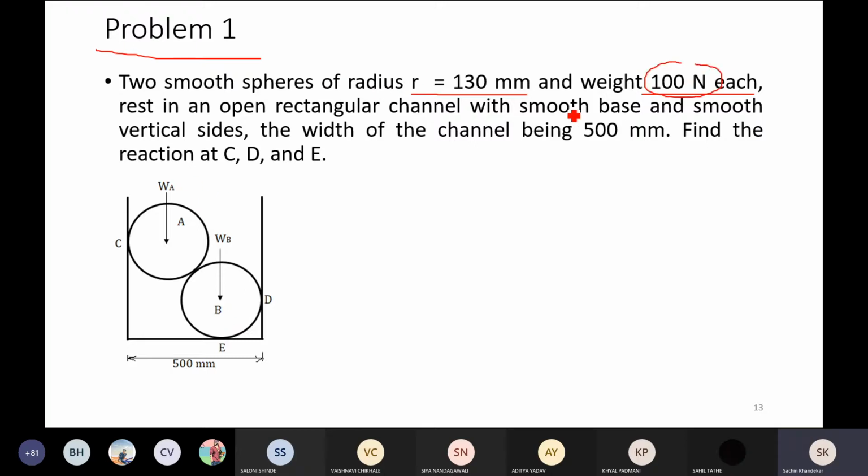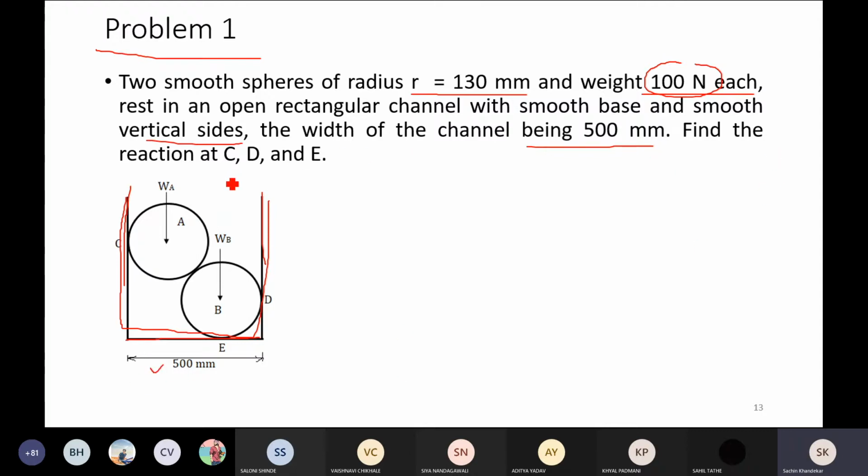So their radius and weight are both the same for both spheres. They rest in an open channel, a rectangular open channel with smooth base and smooth vertical sides. Smooth base, please note that. The width of the channel being 500 millimeter, which is given in the problem.